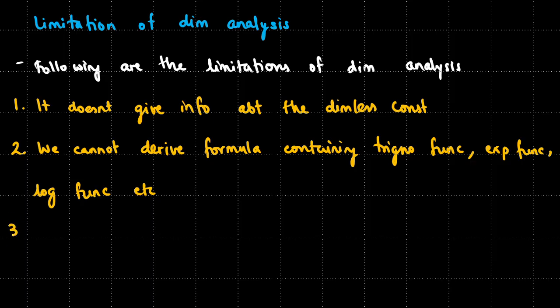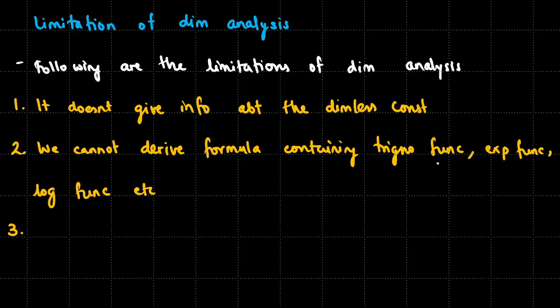So basically what you have to understand is that trigonometric, exponential, and logarithmic functions do not have dimension because they give a number as an output. That's why we can't derive a formula containing trigonometric function. I mean, you can derive it, but you won't see the trigonometric function in the derived expression.